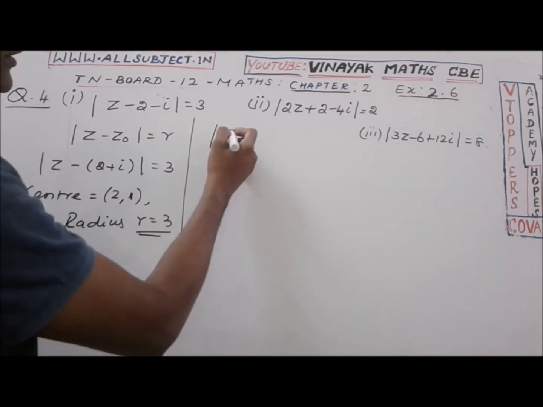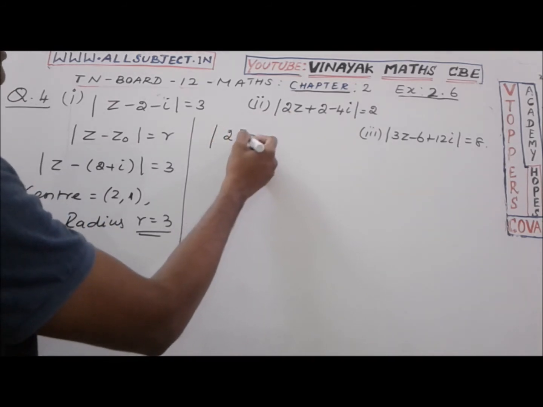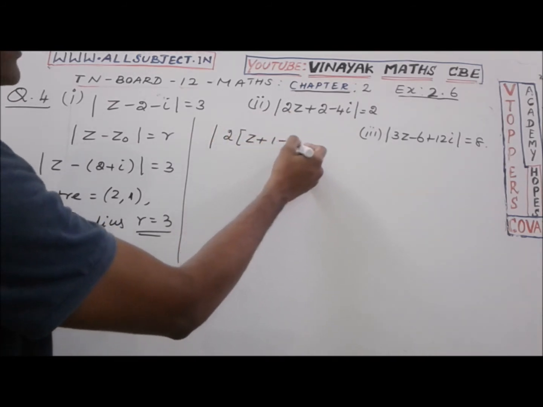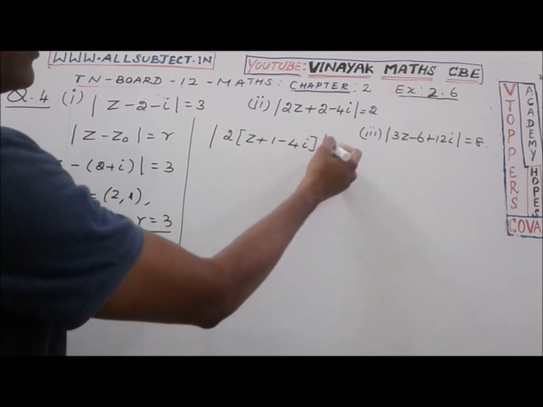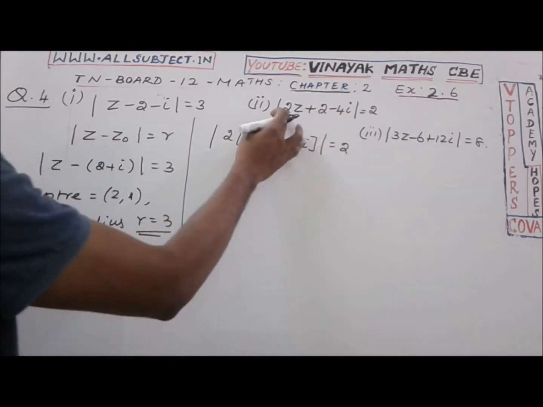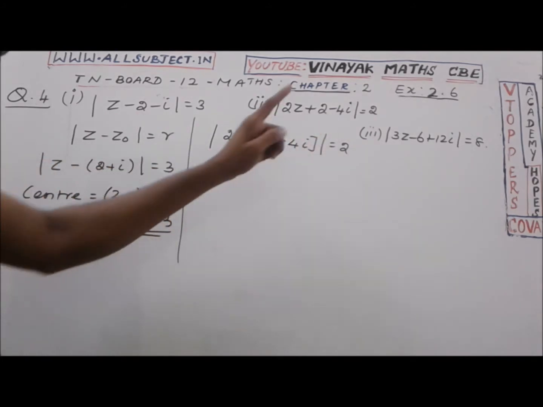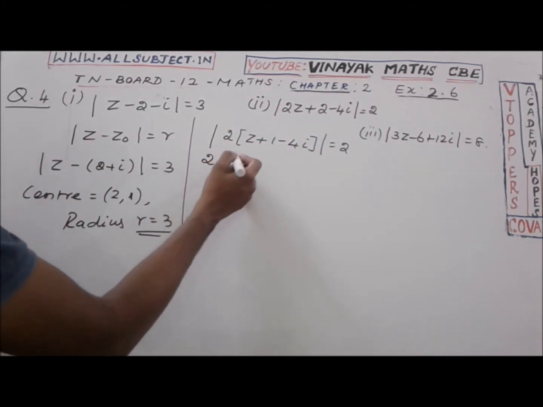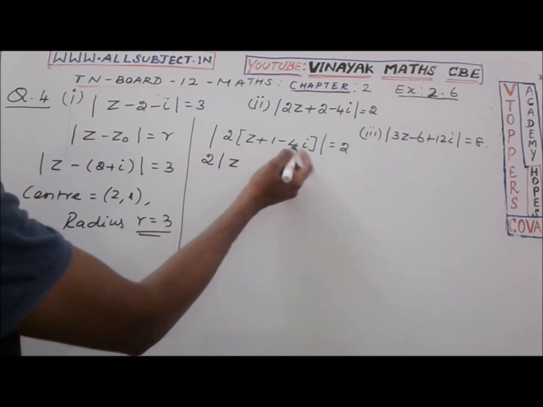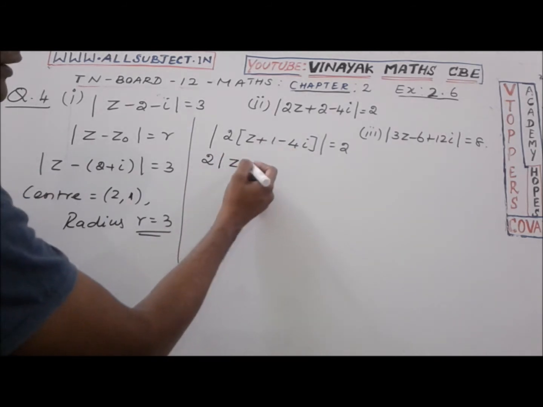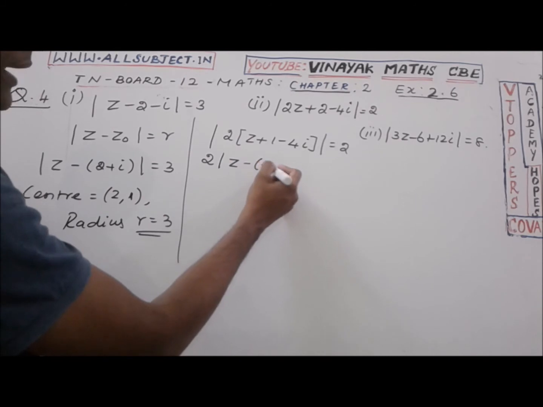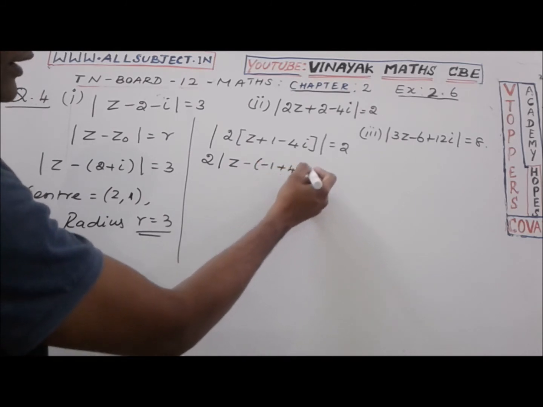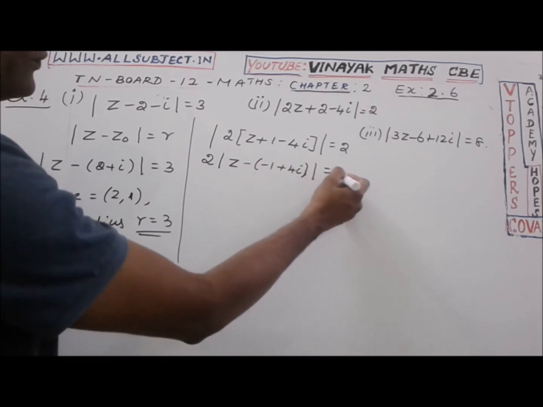Taking 2 out, 2 into modulus of z plus 1 minus 4i equal to 2. Taking 2 as common from the given equation, now separating the modulus, 2 into modulus of z. Now taking minus as common, minus of minus 1 plus 4i equal to 2. Listen carefully here.